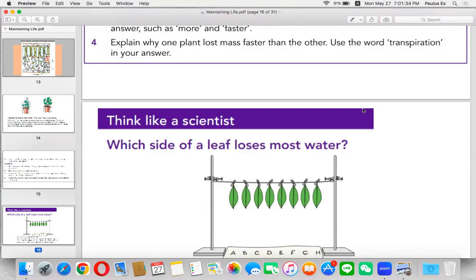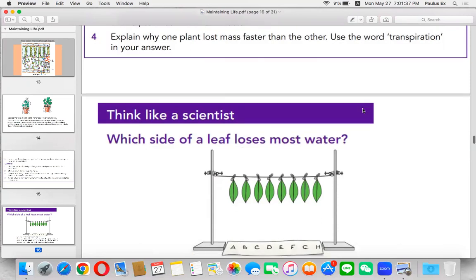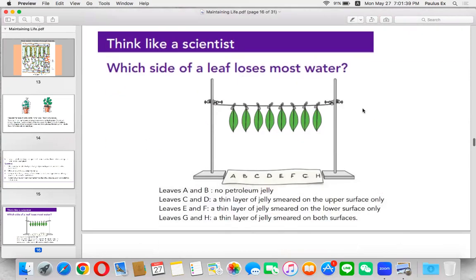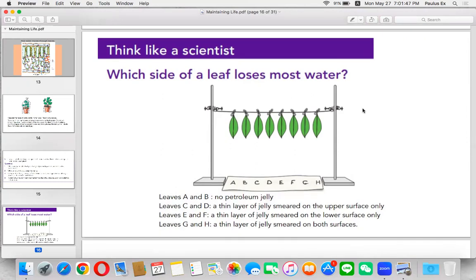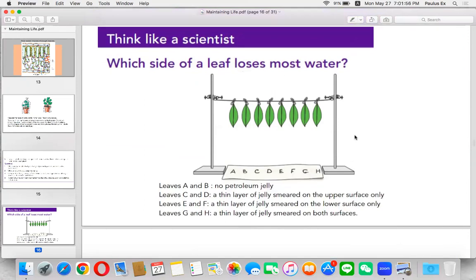The answer is G and H, with a thin layer of jelly smeared on both surfaces. For A and B, there is no petroleum jelly. C and D have it on the upper surface only, E and F on the lower surface only, and G and H on both.